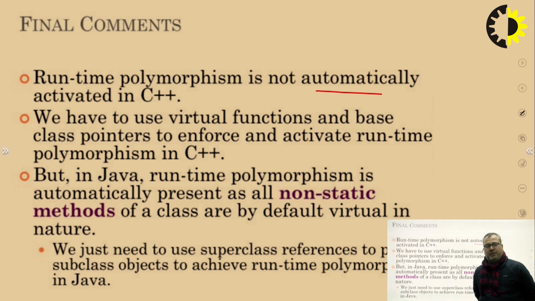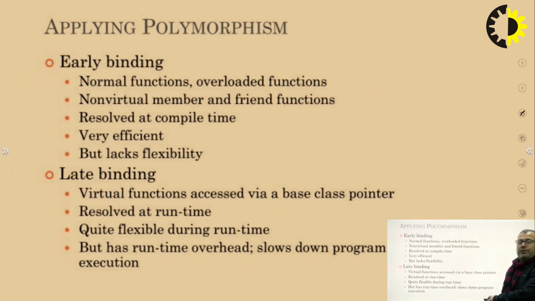In Java, runtime polymorphism is automatically present, as all non-static methods of a class are by default virtual in nature. We just need to use a superclass reference to point to a subclass object to achieve runtime polymorphism. That is the difference between Java and C++. Java has eliminated this, and it is automatically invoked.